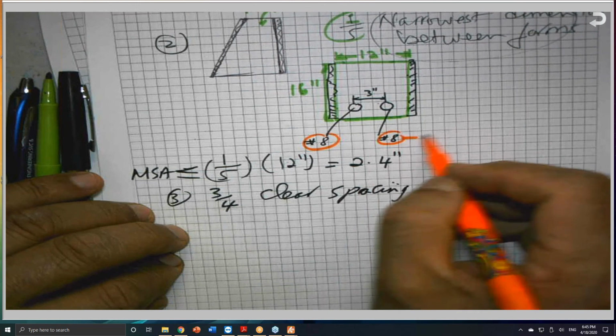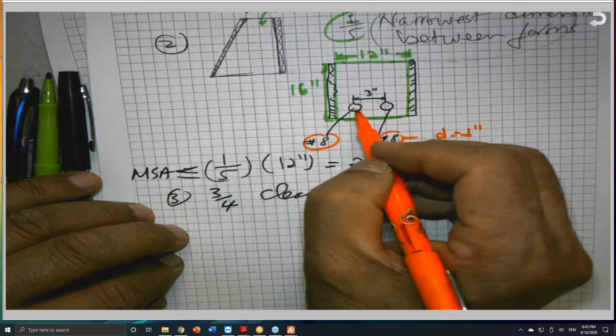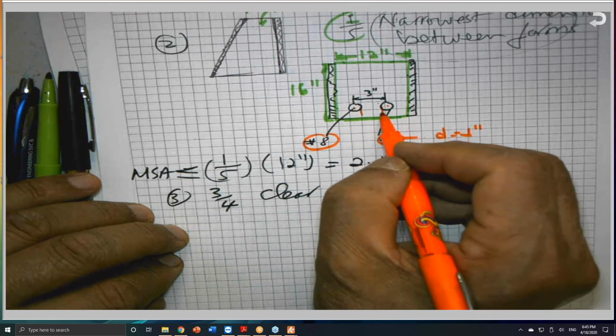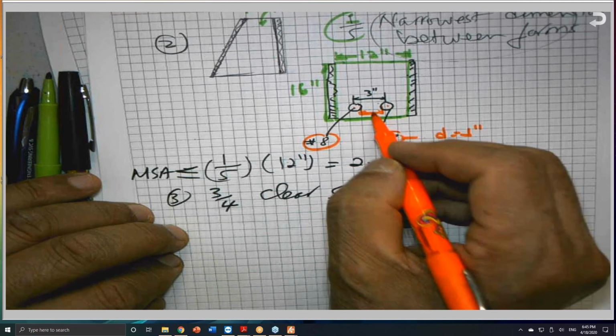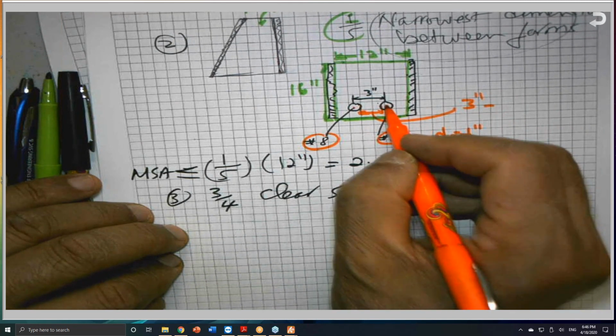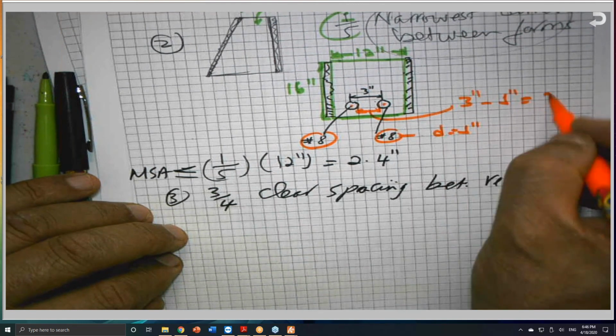From center to center is 3 inches, so the clear spacing is 3 inches minus half of the bar diameter from each bar, so 2 inches.